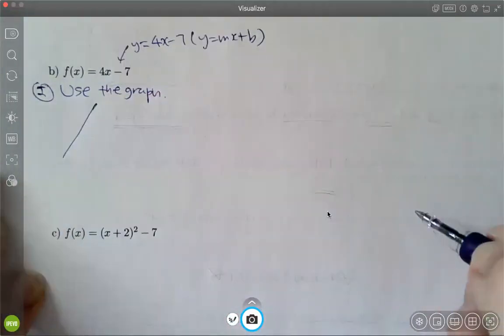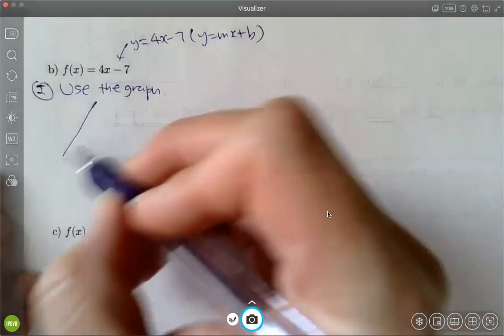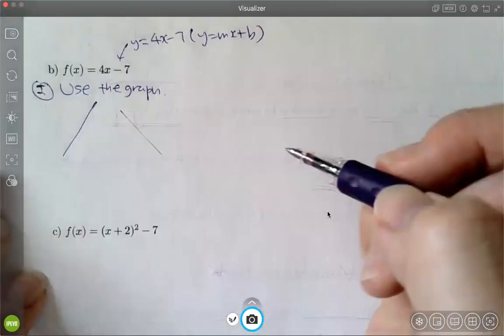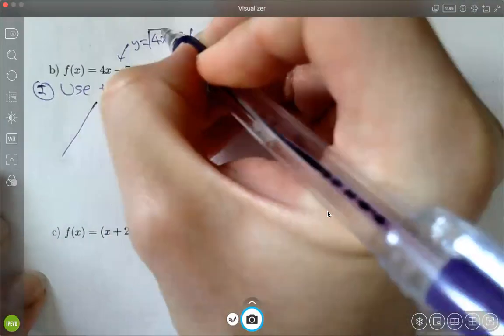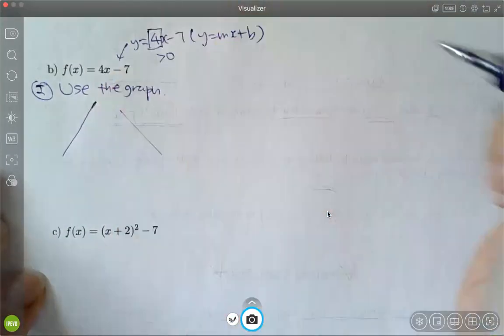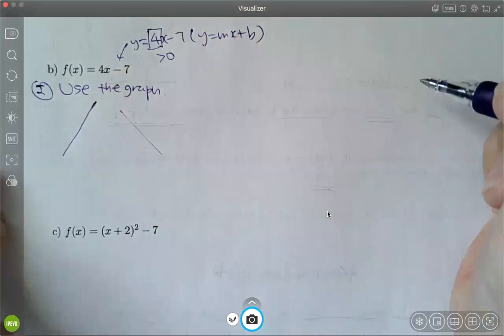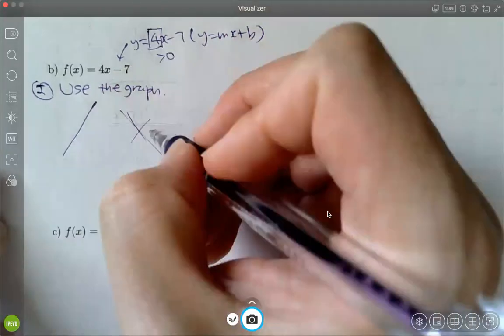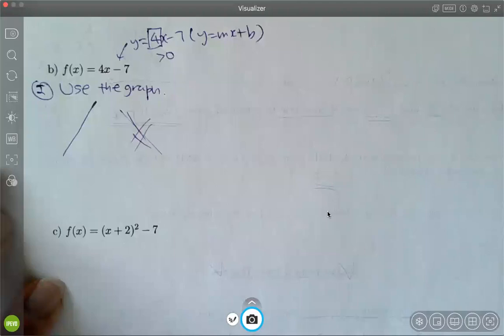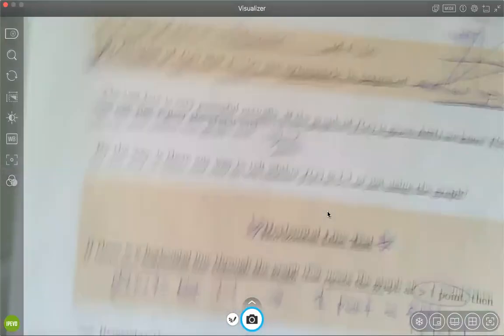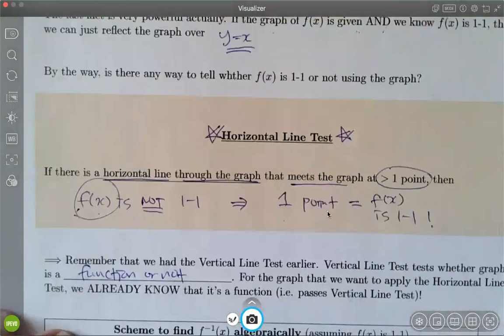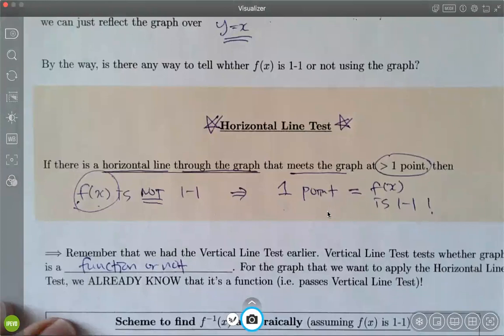Okay, now how do we know that the line is increasing like this but not decreasing? Because it's not negative. Right, the slope is positive, so that's why we know it's this one, not this. Okay, so now, why do we want to use the graph? Because have we seen something that we can tell whether something is one-to-one using the graph?